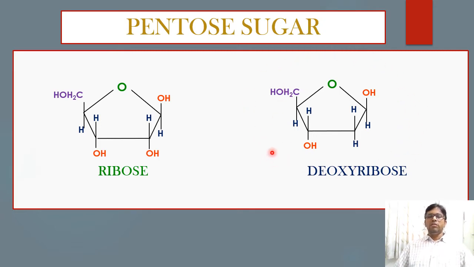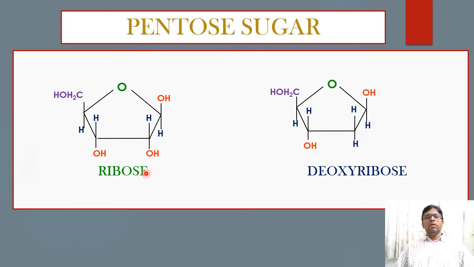Either deoxyribose sugar or ribose sugar, only one is present in a nucleic acid; both are not present in the same nucleic acid. Ribose and deoxyribose sugar are almost the same in chemical structure.